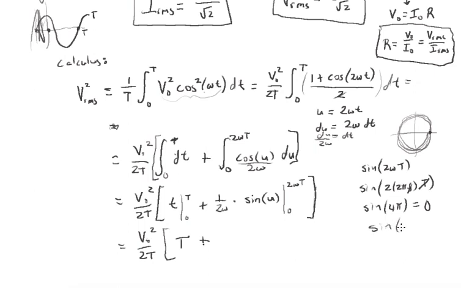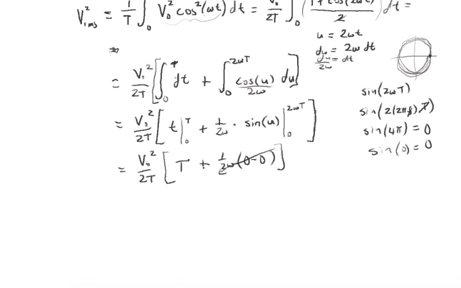When we plug in 0, sine of 0 is 0 as well. So this whole term right here is 1 over 2 omega times 0 minus 0. The whole thing is just 0, right? And so what we end up with is just this right here. I'm going to bring this down.